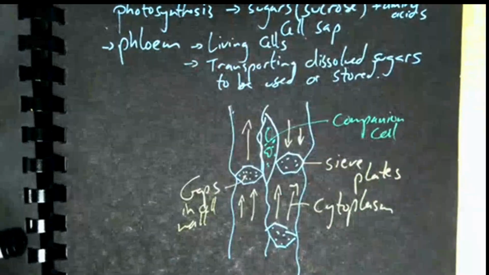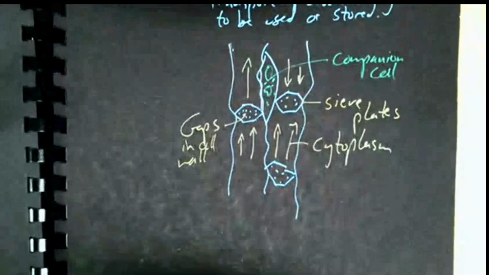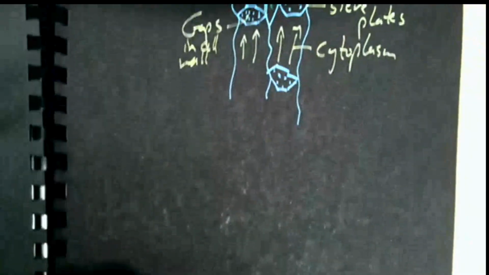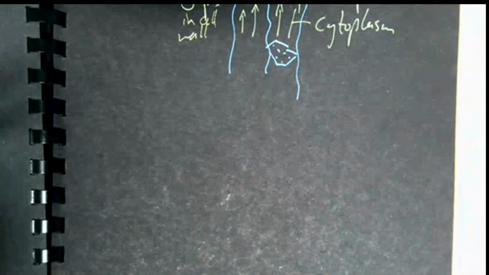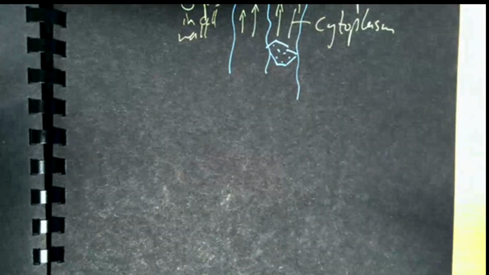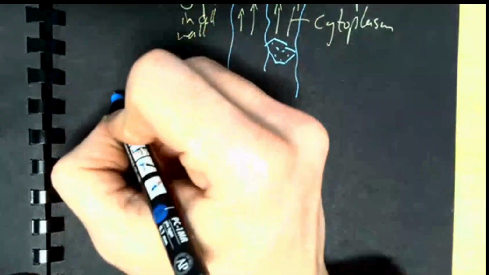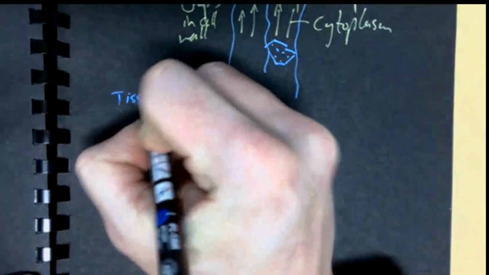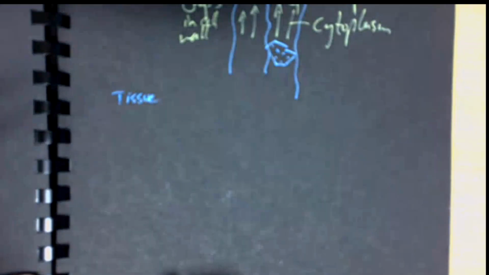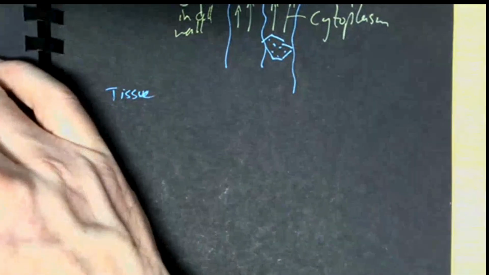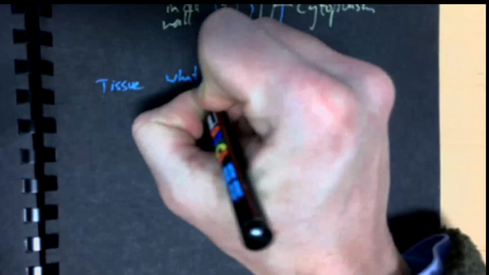So if we finish off then with a final little comparison table. We compare our xylem and phloem. It's quite a common question. Similarities, differences, or in this case, differences. We've got the type of tissue. We've got what is being moved.